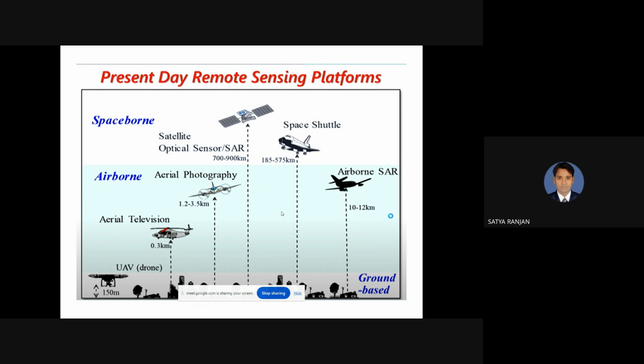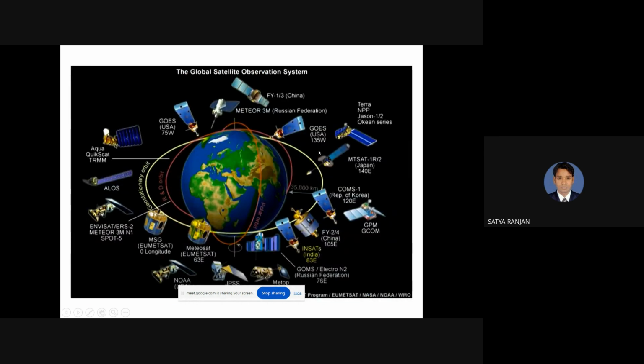We get aerial photographs at low elevations, and space-borne platforms like satellites give different satellite images as per requirements. Satellites are arranged in different orbits, like geostationary orbits and polar orbits.